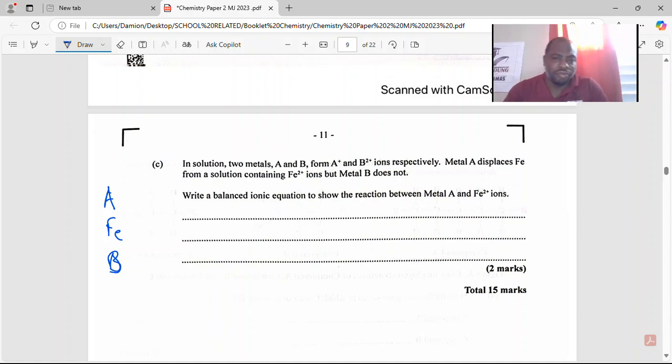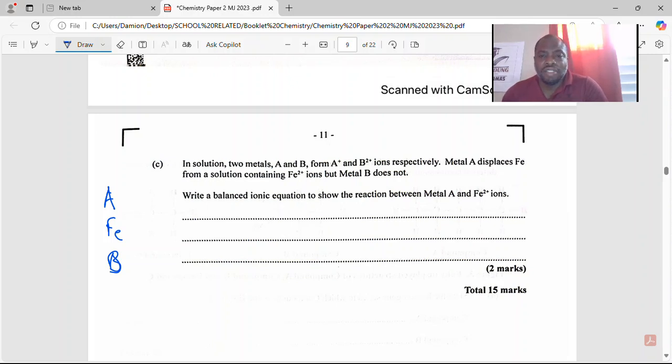Not true? While B wouldn't be able to displace iron, and that would have been because it is not as reactive as iron. So we know it must have been below iron.